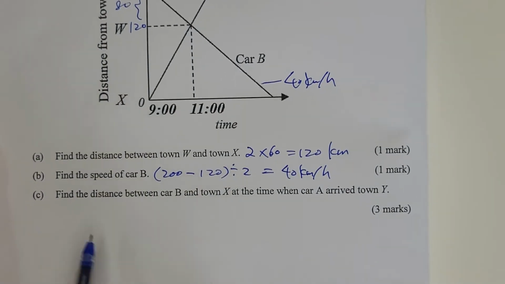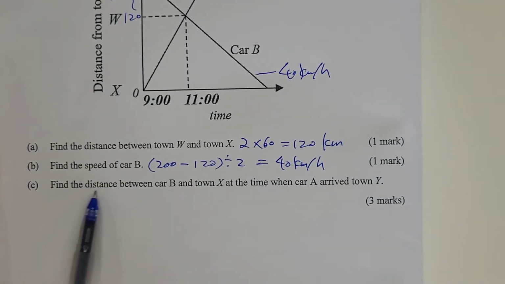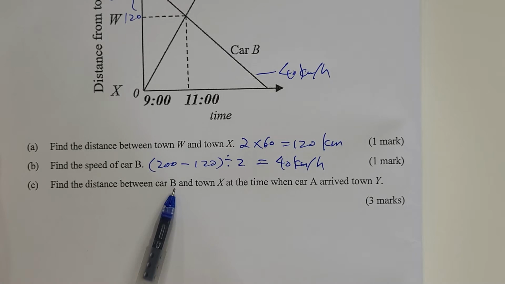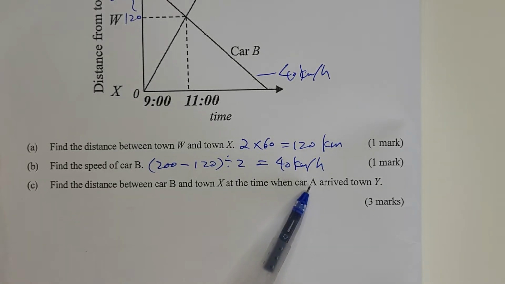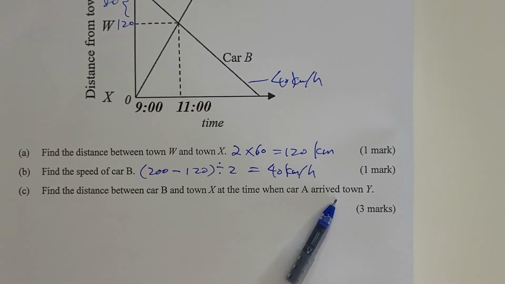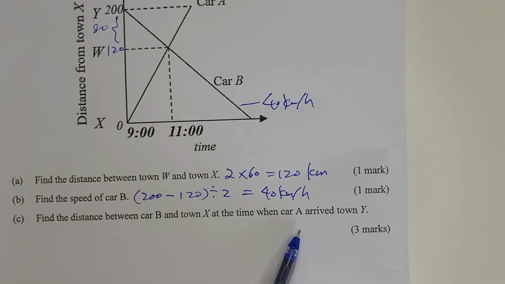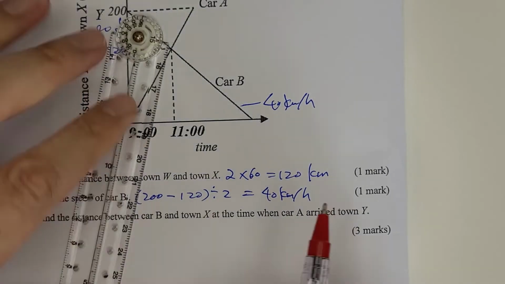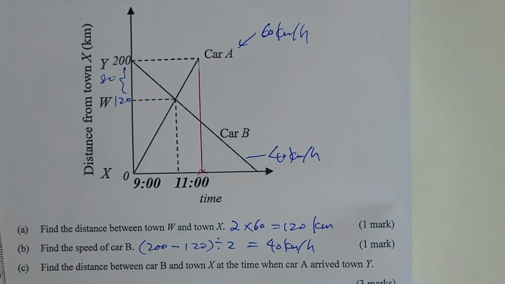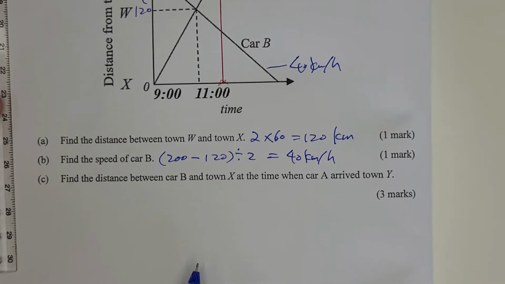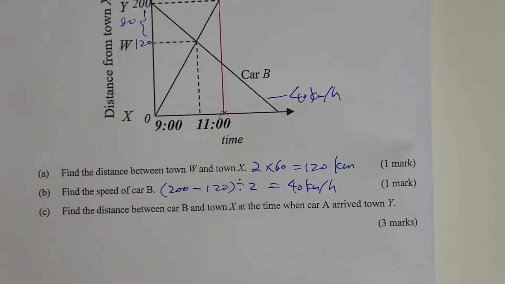So you know the speed of car A and car B. Go to question number C. Find the distance between B and town X when car A arrived at town Y. So first of all, you need to find out when car A gets to Y. You need to find this time first.